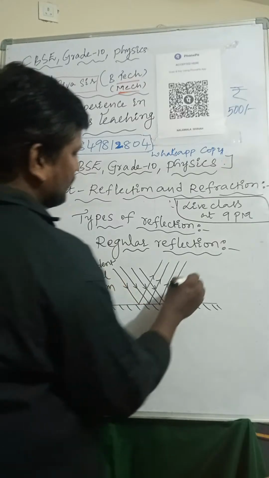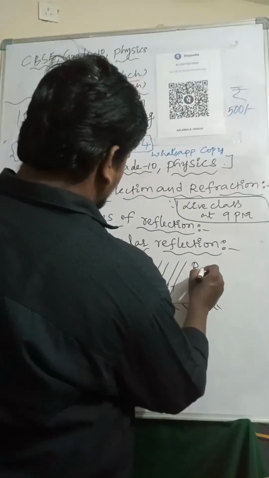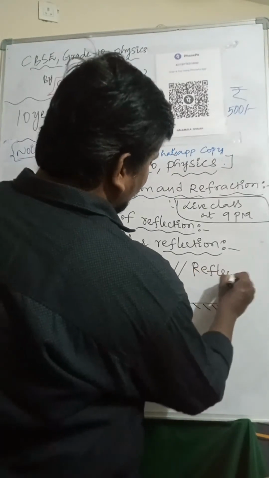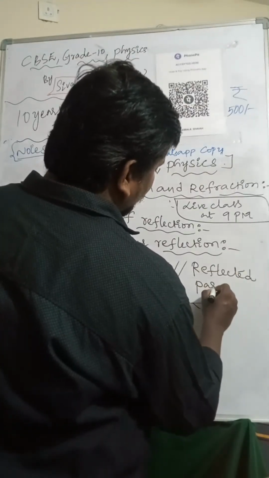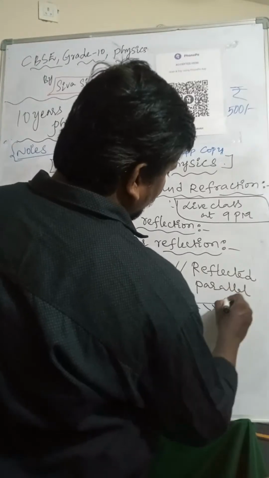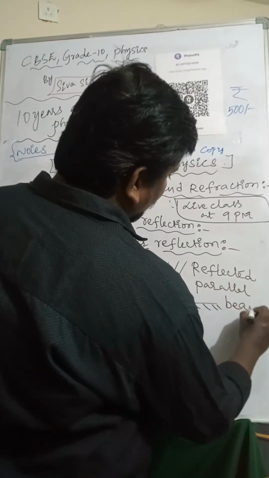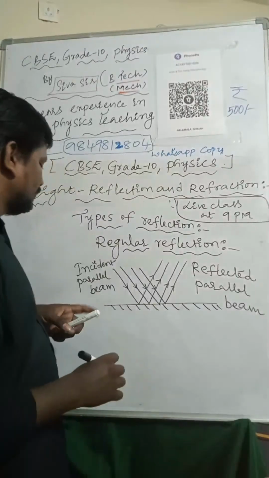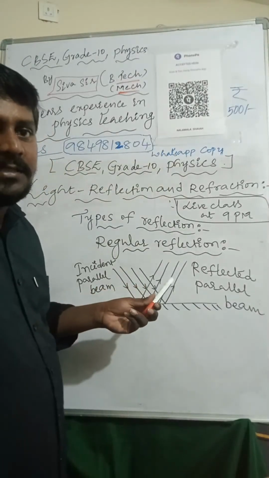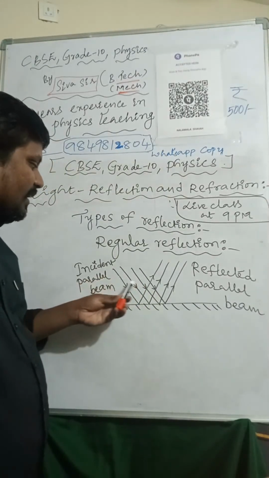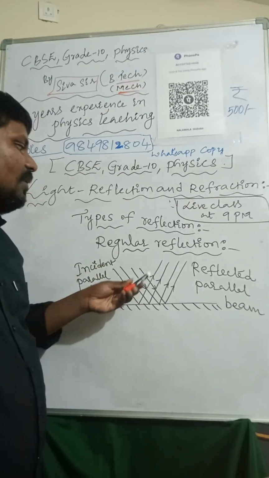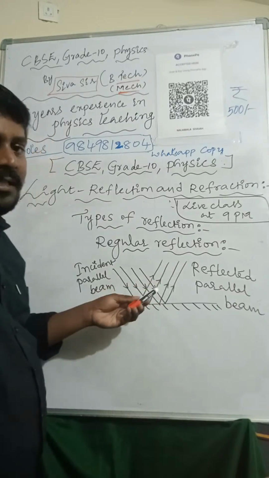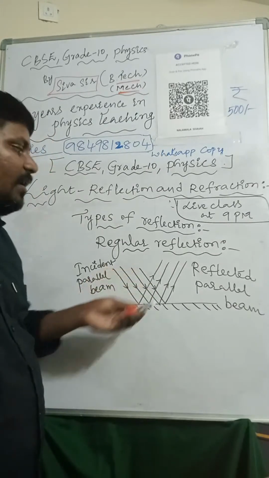Here the reflected beam is also parallel. So when the light rays incident are parallel to each other, like an incident beam, and the reflected beam is also parallel to each other, then this type of reflection is called regular reflection.